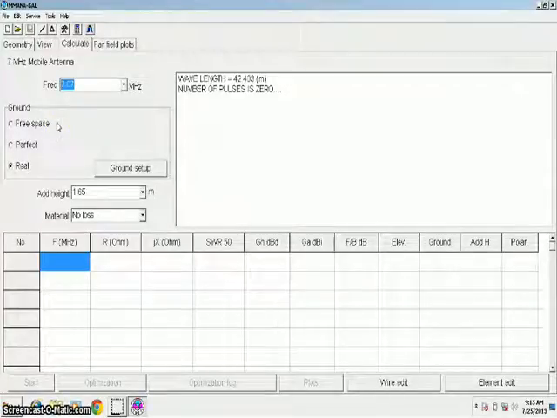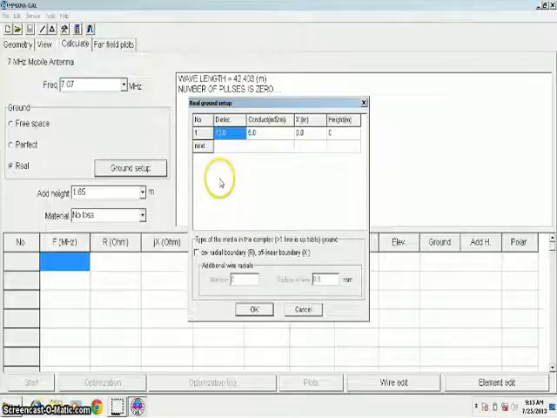And we set first here the ground is not free space, is not perfect. It is a real ground. We should set ground setup here. For the electric, I use value of 5 and for enter.